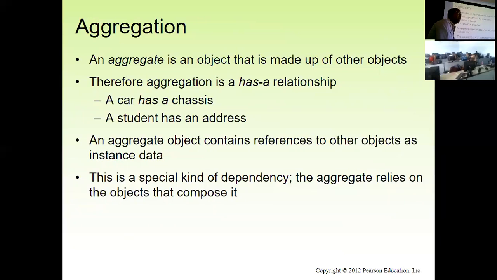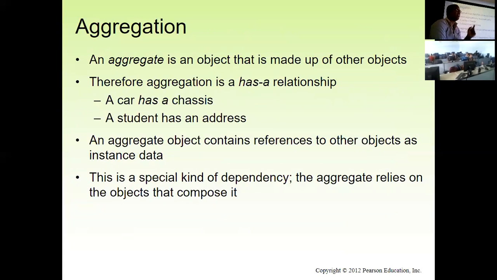So let's say, for example, if we had chosen the particular design that we were talking about earlier with a person that has an address, we could have created another class called address, and inside of the instance variables, we created an instance variable which is of type address. So basically, the person class would have an address as one of its instance variables. Yes? Now, this is a special kind of dependency, because the aggregate relies on the objects to compose it.